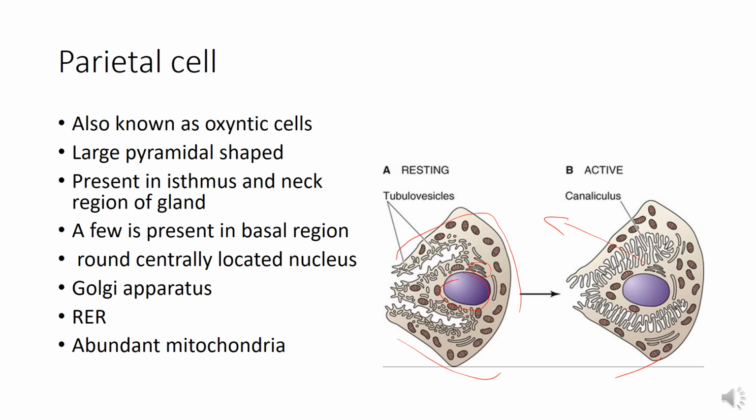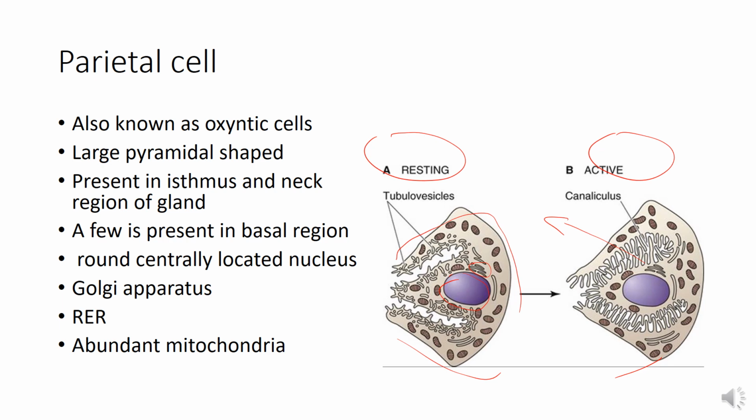Now here are the two cells, one shown in the active state and one shown in the resting state. In the resting state, the intracellular canaliculi of the parietal cells are generally shallow and partially encircle the nucleus. But in the actively secreting oxyntic cells, these canaliculi are very deep and extend almost to the base of the cell.